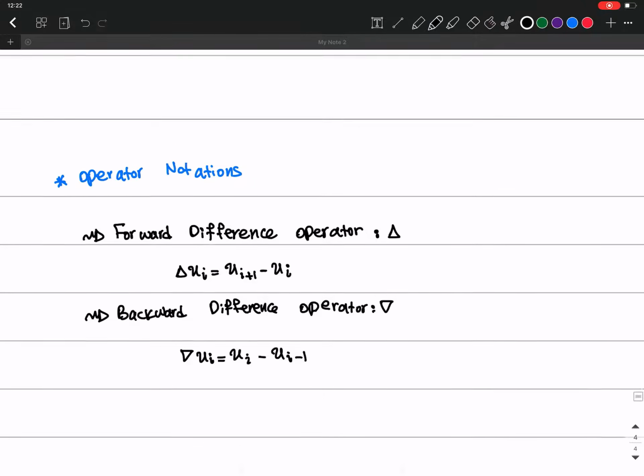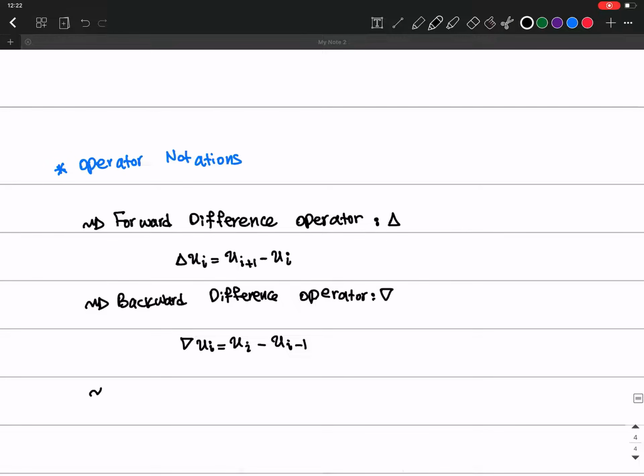This is a backward difference. And then we have a central difference operator, which we show with small delta.